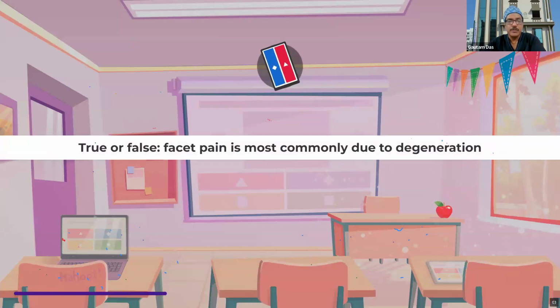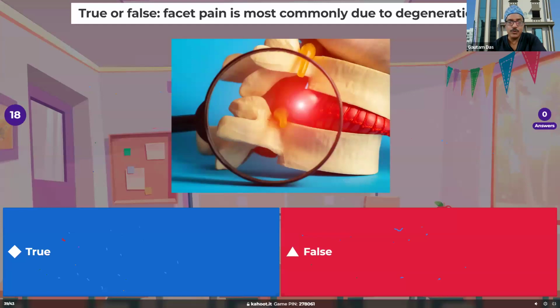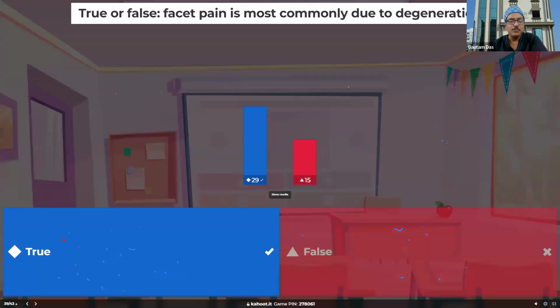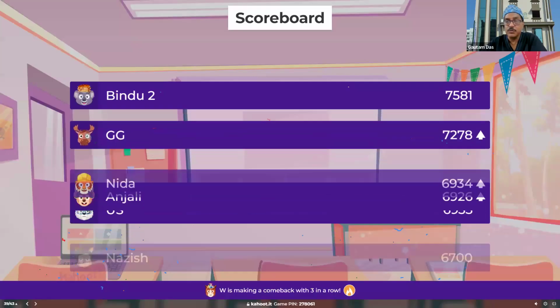Again, true or false? Facet pain is most commonly because of degeneration. Most commonly it is because of degeneration. Sometimes it is because of inflammation, but that is the second most common cause.